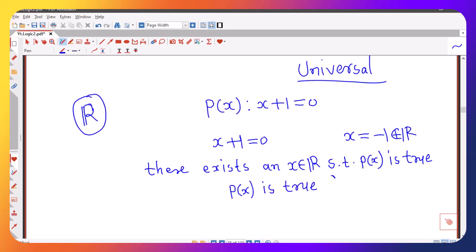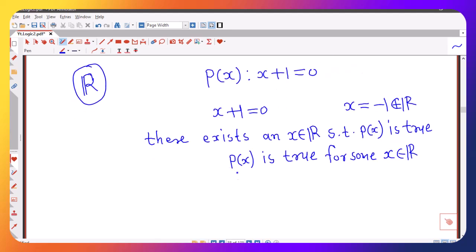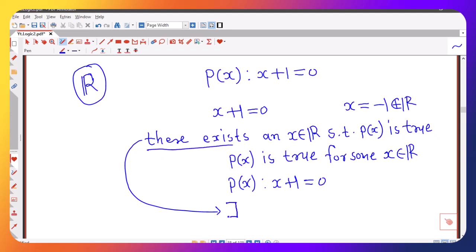Px is true for some x in the set of real numbers. So whenever we have this type of situation, we will use existential quantification of a given statement function. Again, if we consider px as x plus 1 equal to 0, and I want to write this in symbolic form, then for "there exists" we will use this quantifier which is called the existential quantifier.